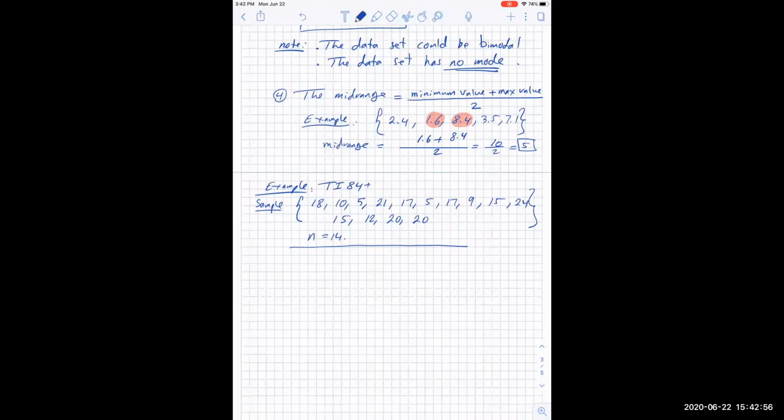Guys, this is what we're going to do. I'm going to switch screen. I'm going to go to my desktop screen. So just 1 second.